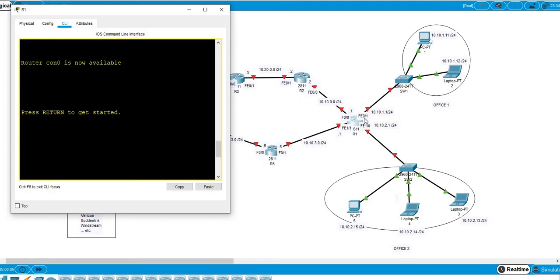And there's fast Ethernet 0/1 towards Office 1, and then there is fast Ethernet 1/0 towards Office 2. So we're starting with 0/0, the interface facing R2.